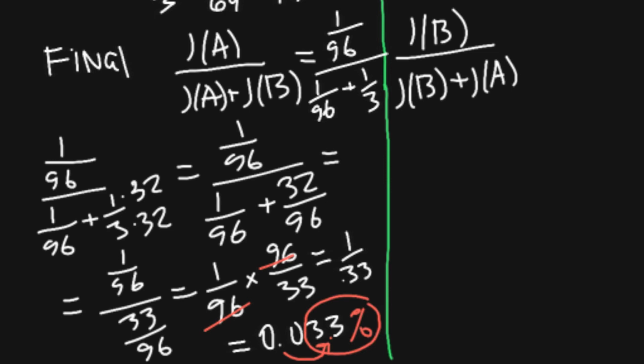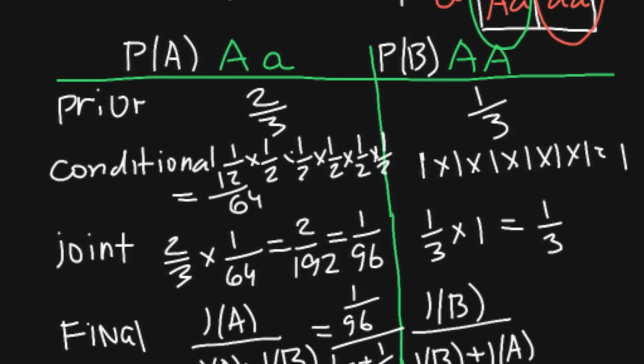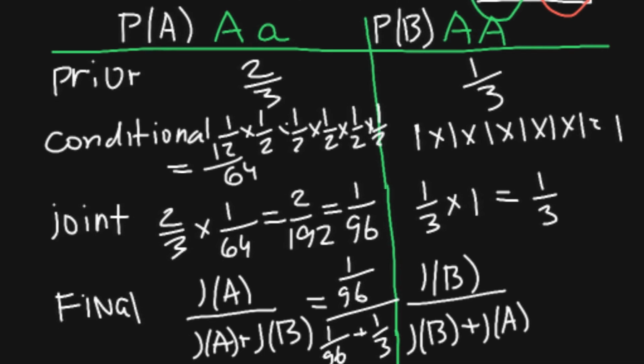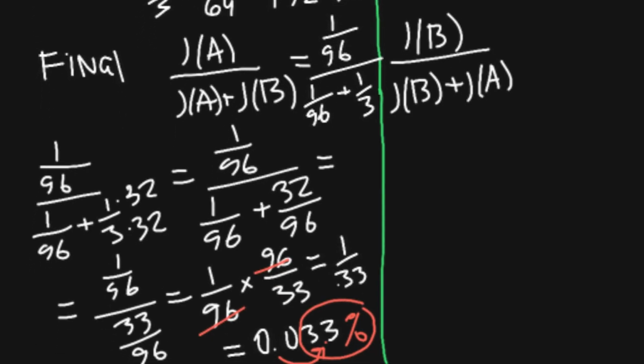As you remember, this side was a supposition that the father is heterozygous, and in the light of this conditional information, we have found that the new probability of the father being heterozygous is 3.3%.